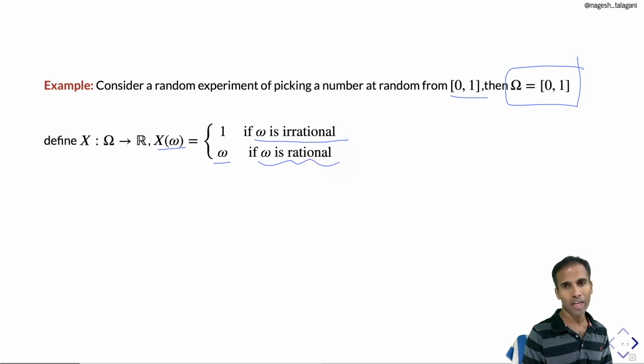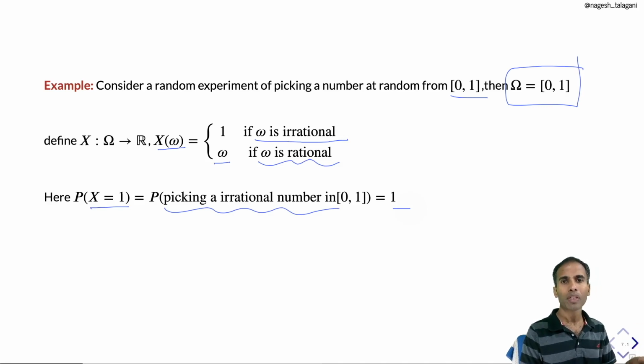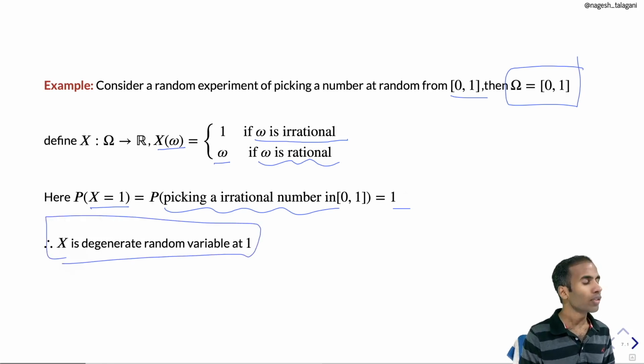This is our random variable. So we can see that the probability of X equal to 1 is the probability of picking an irrational number, which is 1. X takes the value 1 if and only if the outcome is an irrational number. We know that the probability of picking an irrational number is 1. So here X is a degenerate random variable at 1. This is an example of a degenerate random variable.